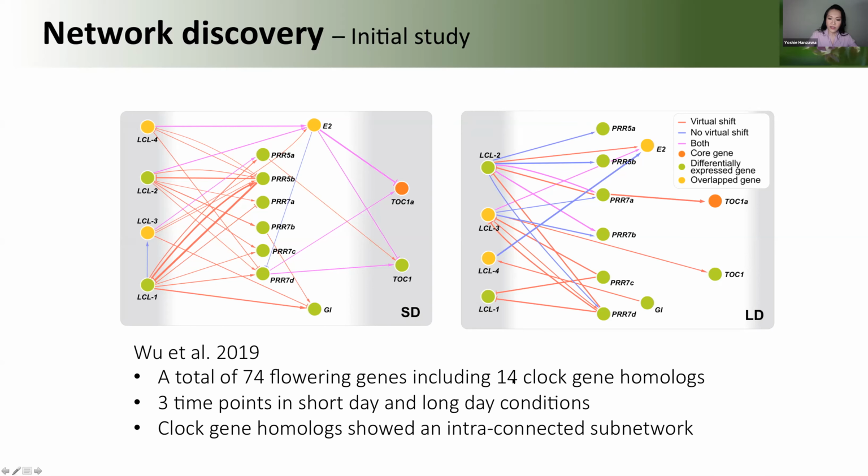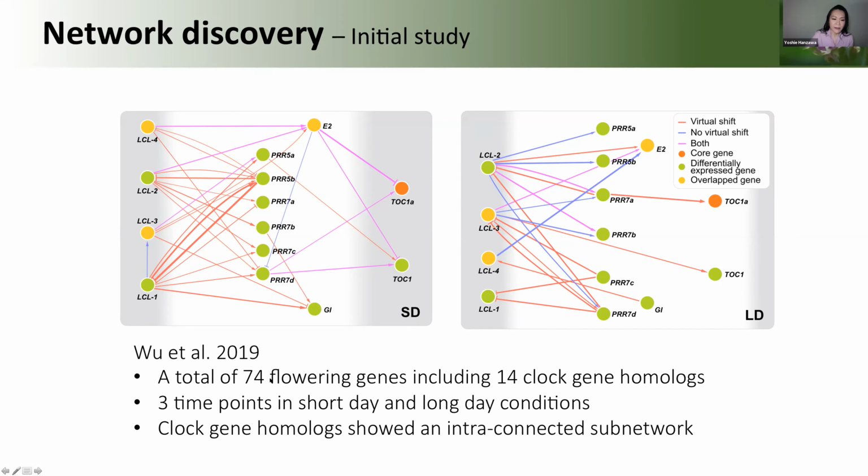These include 14 clock gene homologs, only 14 actually. And we took only 3 time points per day. The results for clock genes looked like this. We only used 3 time points, so not much resolution, but we managed to comprise short day and long day networks.